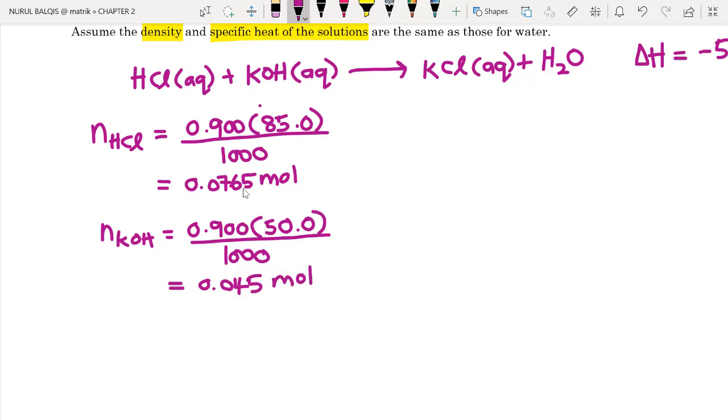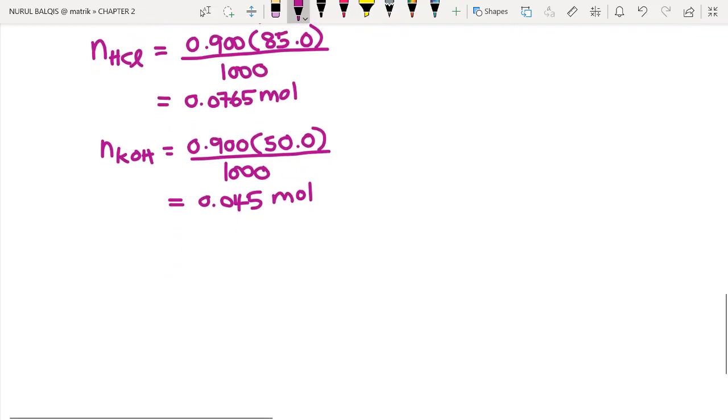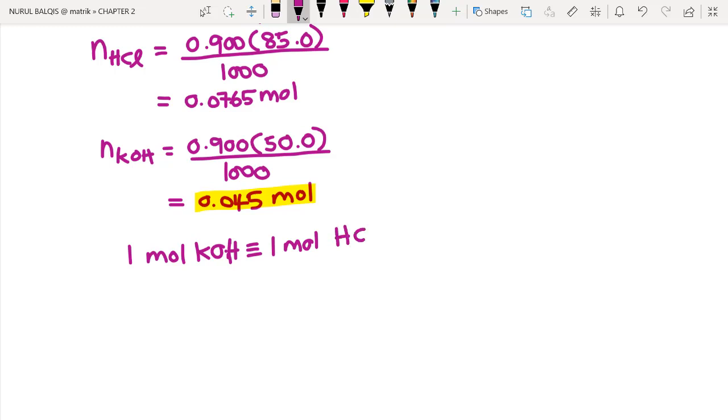Now we're going to do some stoichiometry to compare these two values. Let's take this smaller number to compare with. We have 1 mole KOH reacting with 1 mole HCl.